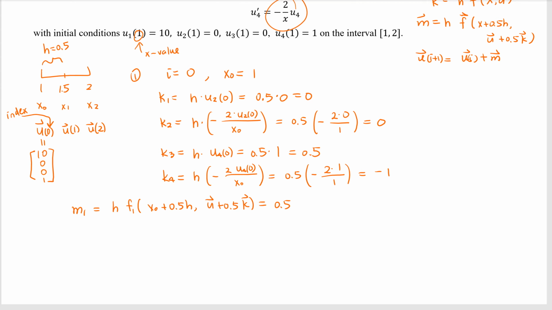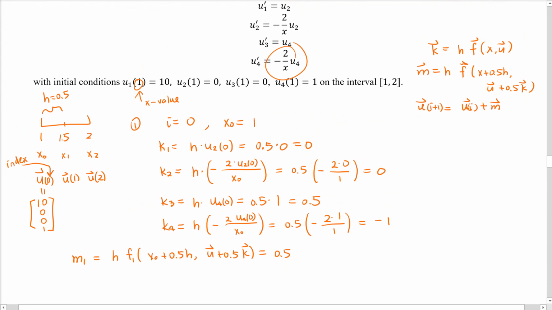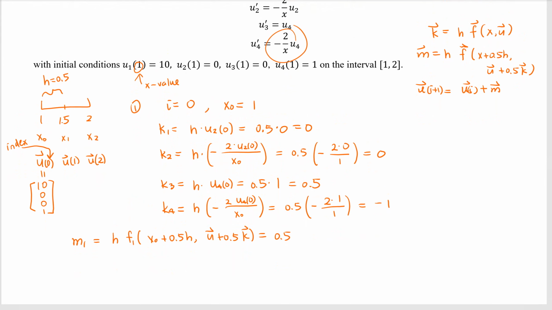And then F1 is U2. U2 is the second coordinate of this vector, which is U2 of 0 plus 0.5 times K2. Is that okay, everybody? So that equals, U2 is 0, K2 is also 0. Oh, so the answer is 0.